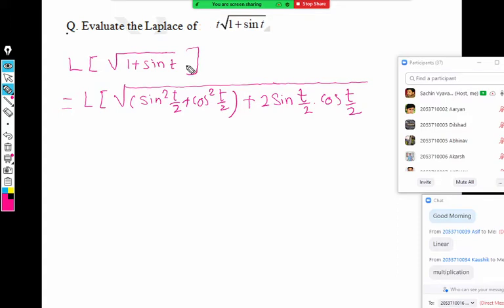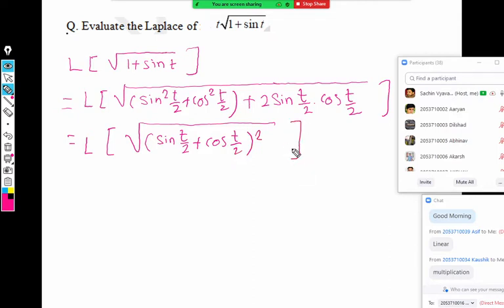So we converted to a half angle, and this gives us the Laplace of the square root of (sin t by 2 plus cos t by 2) bracket square. So these get cancelled and we are left with the Laplace of sin t by 2 plus the Laplace of cos t by 2.